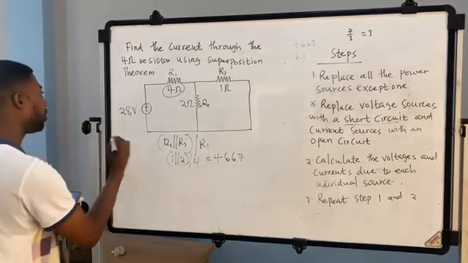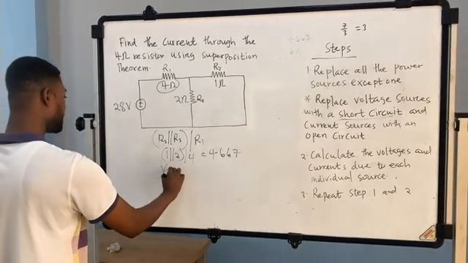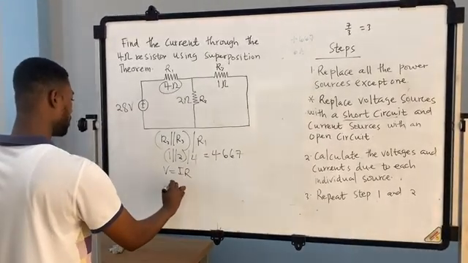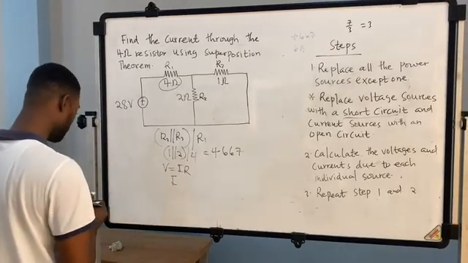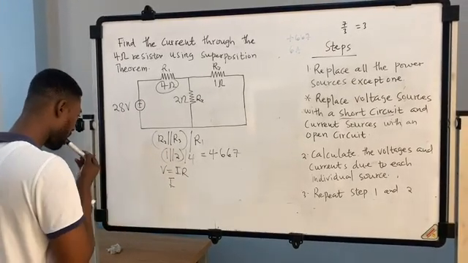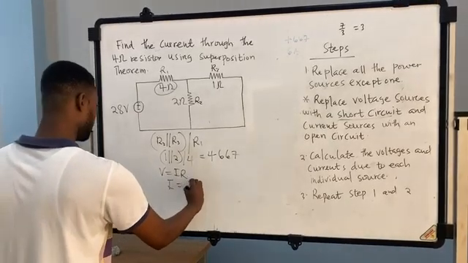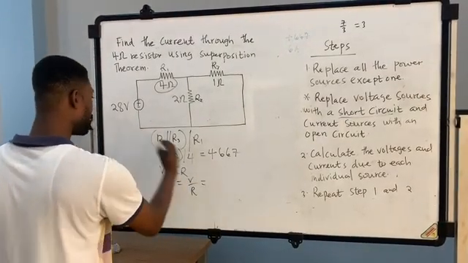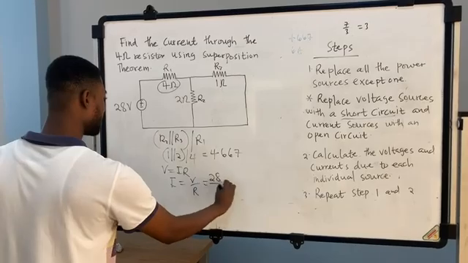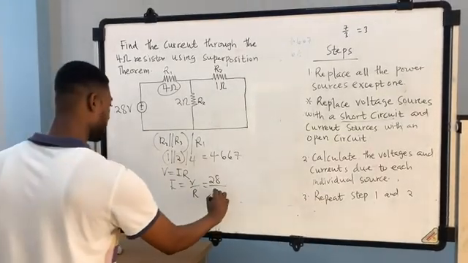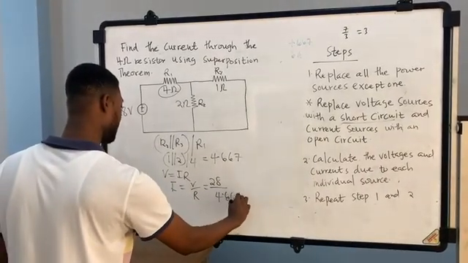This is going to produce an answer of 4.667 ohms. Then from Ohm's law, we know that V is equal to IR, so I will be equal to V over R. V here is 28 and R is 4.667.